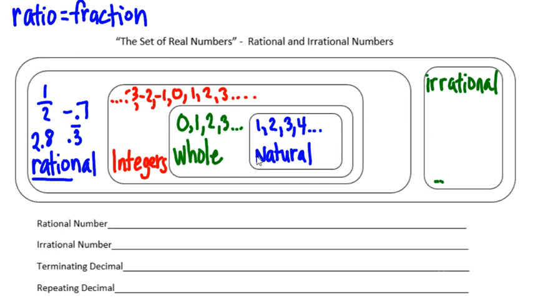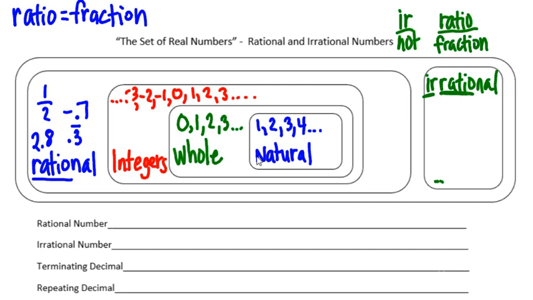If you remember from English, hopefully you learned this, if not, you will soon, the prefix ir means not, and then we have ratio. So ir means not, and ratio means fraction. So irrational means not a fraction. You cannot write it as a fraction.